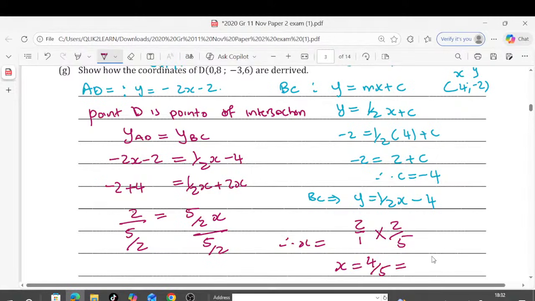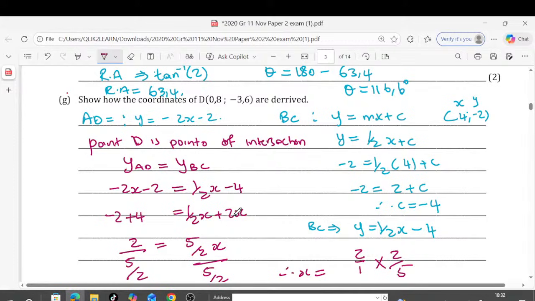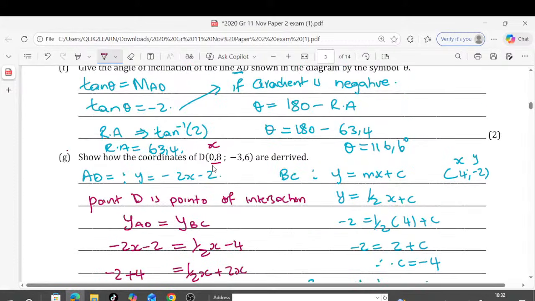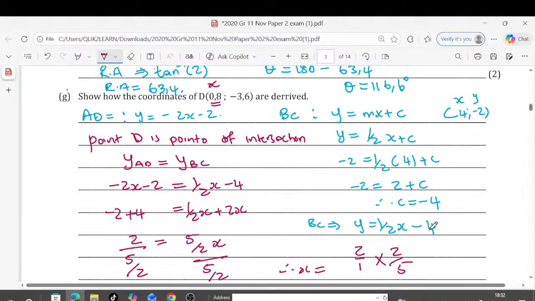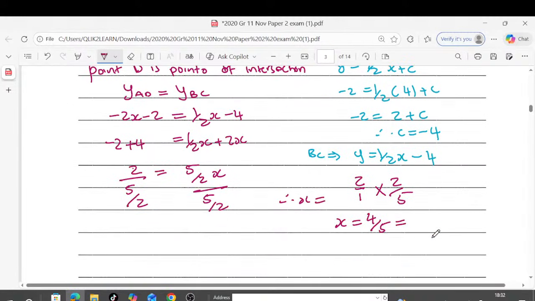If you punch this on the calculator, it should give us the 0.8. If you don't get 0.8, then you'll have to redo the problem, because there's something wrong. So I'm just going to say 4 divided by 5 is 0.8.